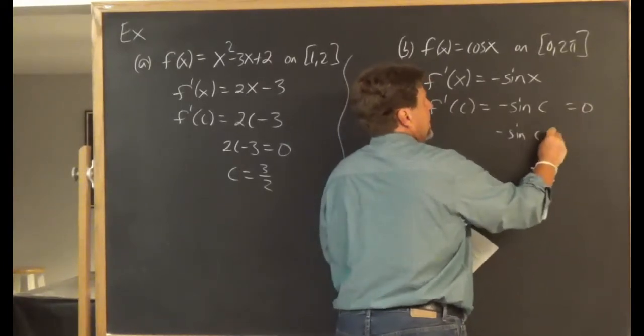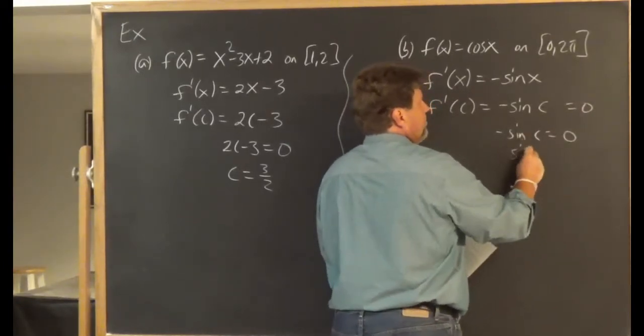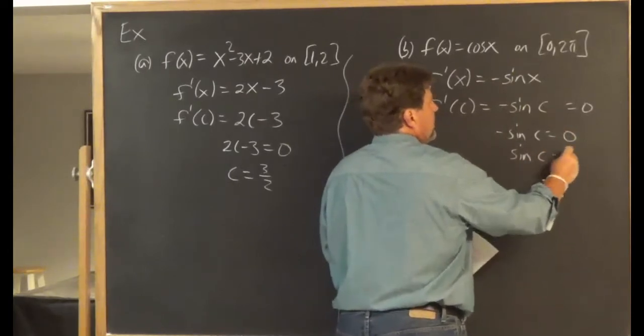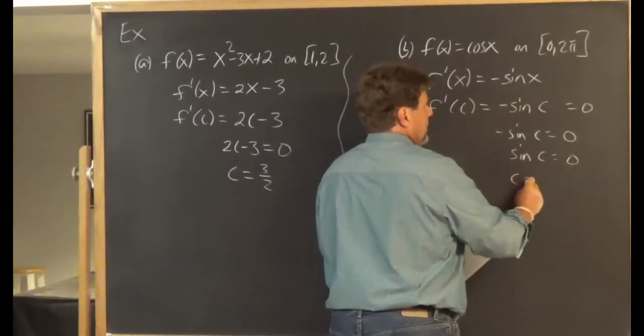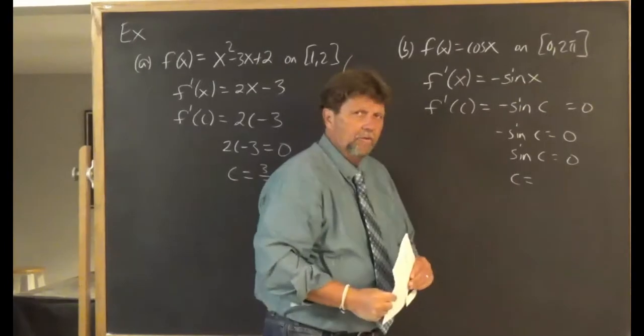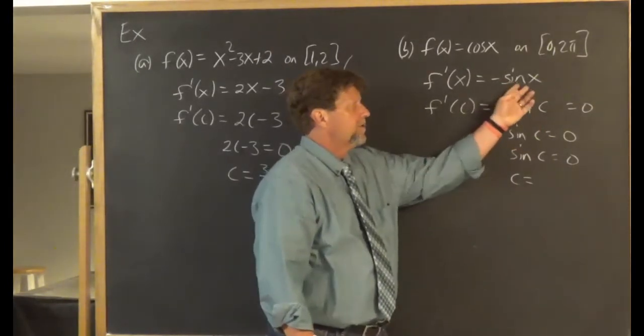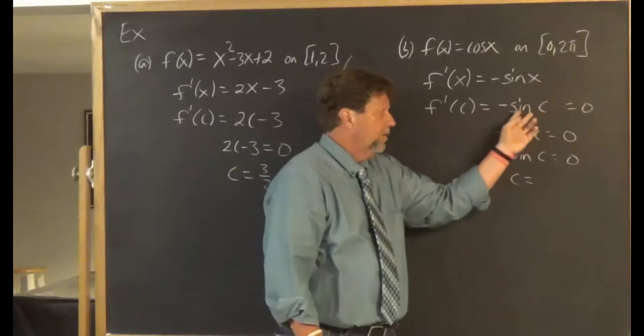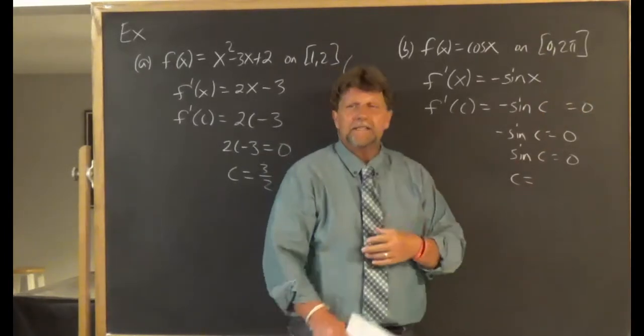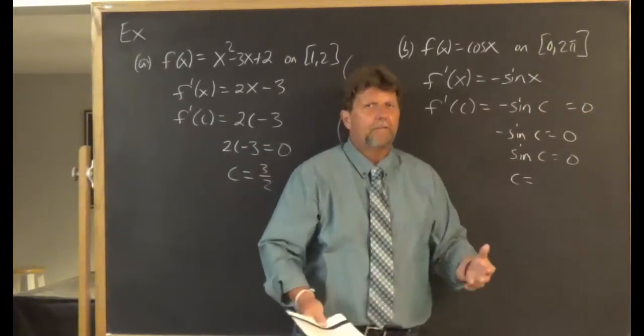So negative sine c equals 0. Multiply both sides by negative 1, and we get sine c equals 0. If you just took this and set it equal to 0, and you had x's instead of c's, I'm fine with that. I'm not going to mark it wrong.